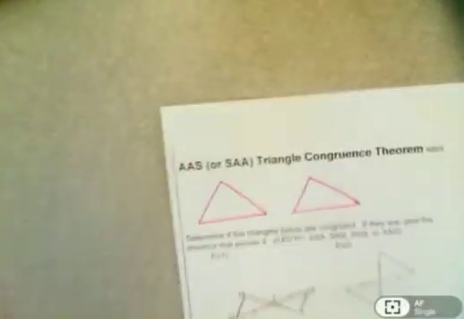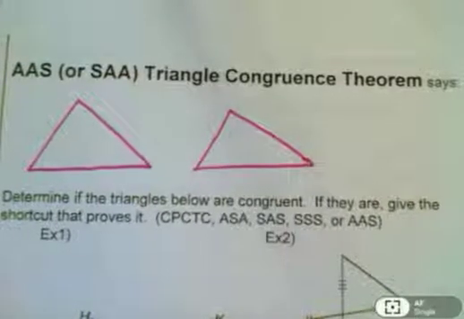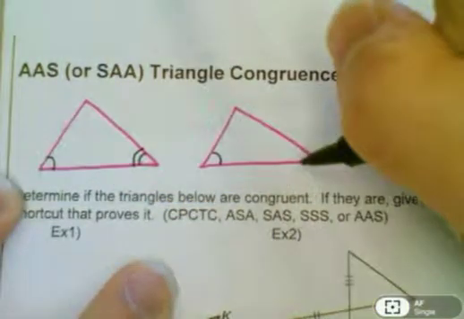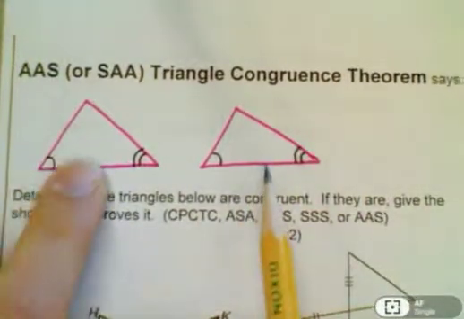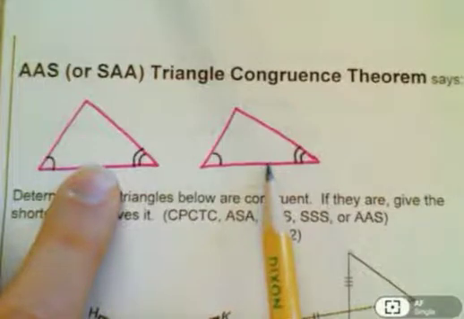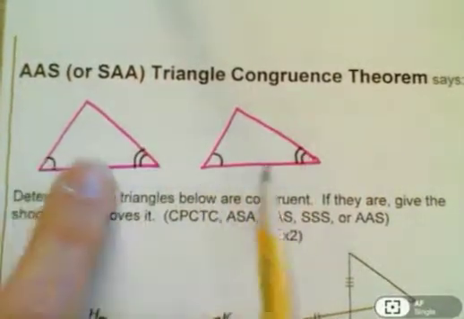What the angle, angle, side triangle congruence theorem tells us is that we really only need two angles. So maybe these angles are congruent and maybe these angles are congruent. And we already know that if the side between them is congruent, the triangles are congruent, and that would be by the shortcut angle, side, angle, ASA.